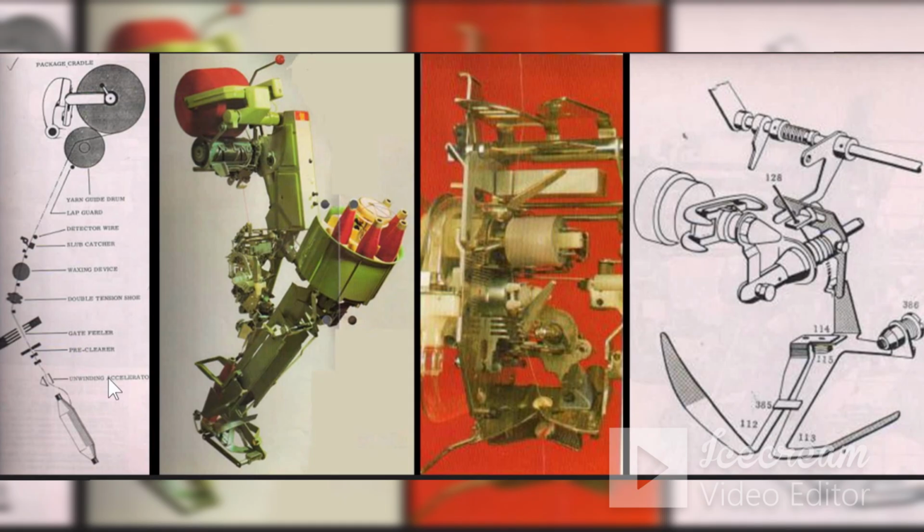Let me also tell you, now coming back here, that this is the pre-clearer. So what will happen if, say, there is slough off and yarn is trapped here in the pre-clearer and breaks? Now the gate filler will say that there is no yarn, and so a decision will be taken to eject the bobbin.